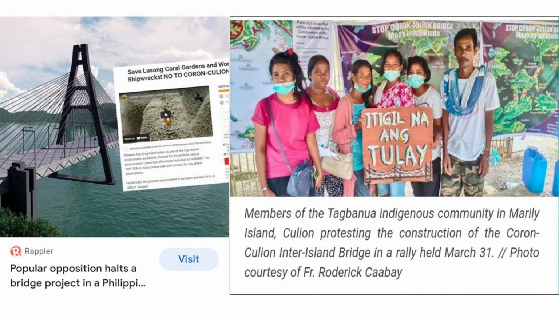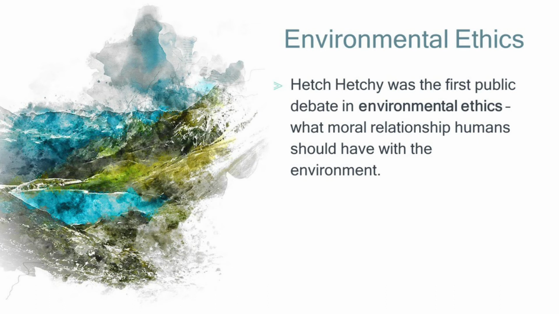Should the government allow this, or should the government protect nature from destruction? So it becomes a subject of debate, just like what happened in the previous example of the building of the dams and reservoir in Yosemite National Park.